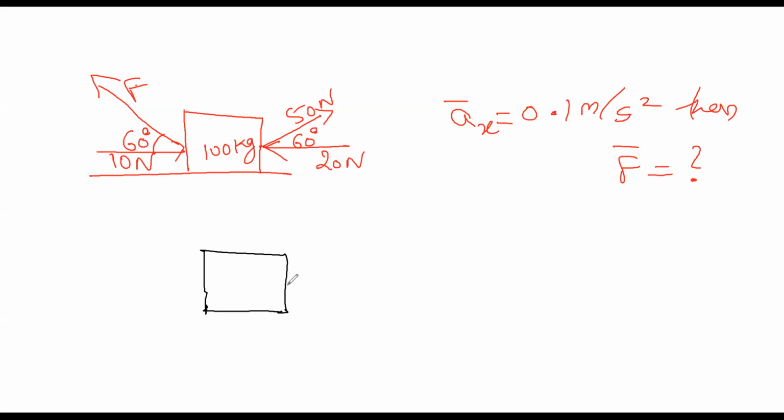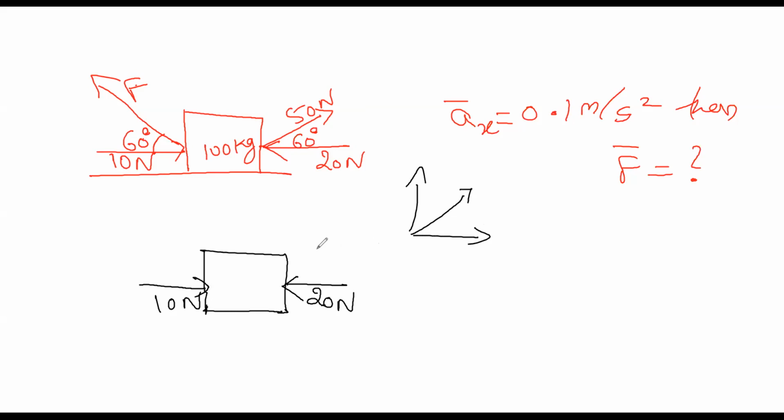Now there is one force in this direction, 20 Newton. In this direction, 10 Newton. They'll divide that 50 Newton into components, so the other one will be 25 Newton. In which direction?